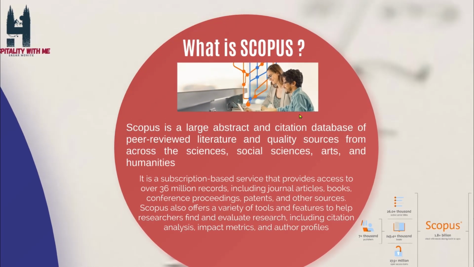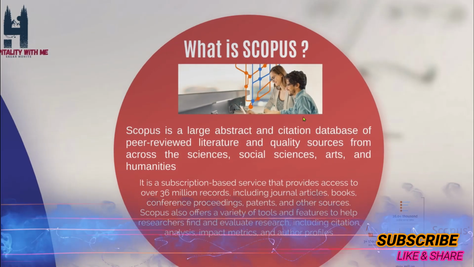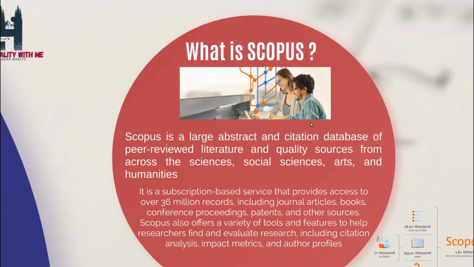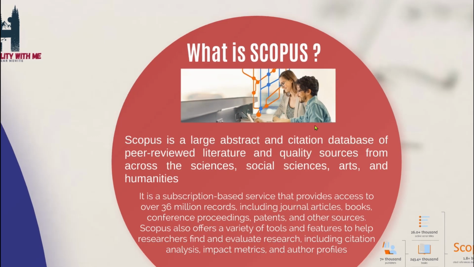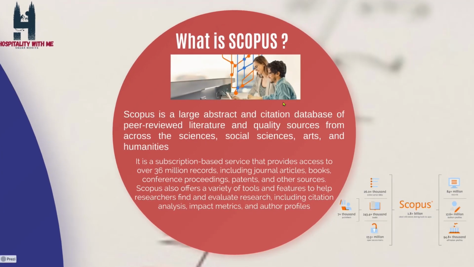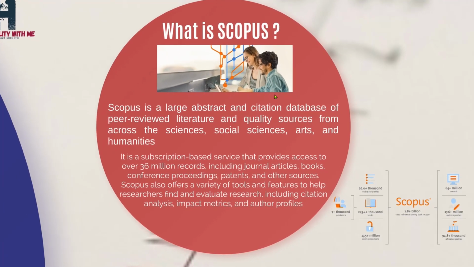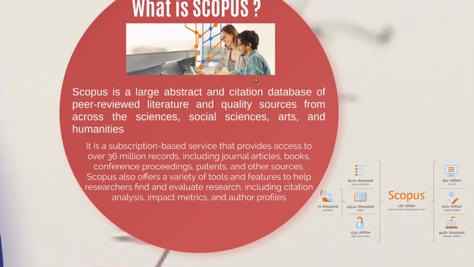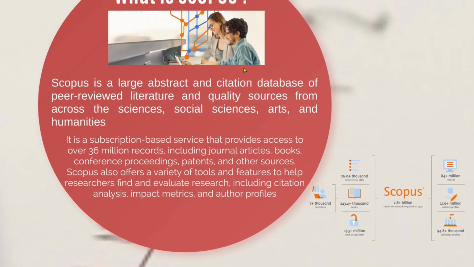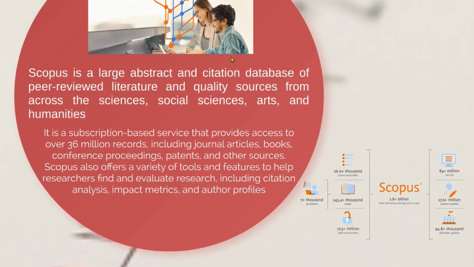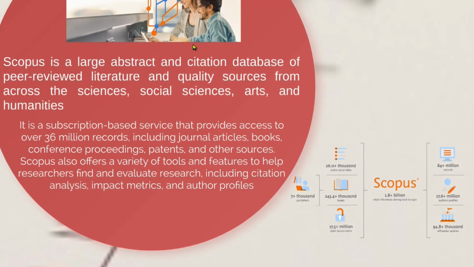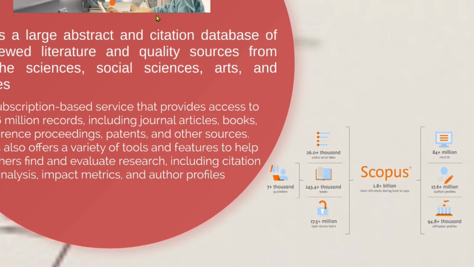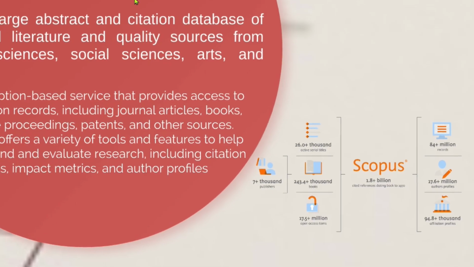As we can see in the picture, it has around 7,000+ publications, 17.5 million open access users, 1.8 billion citations, plus 84+ million records and 94.8+ thousand affiliated profiles available.